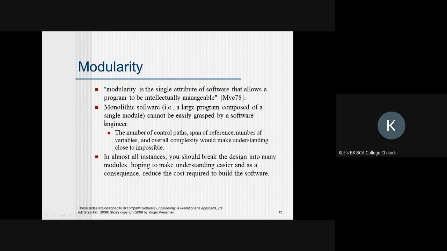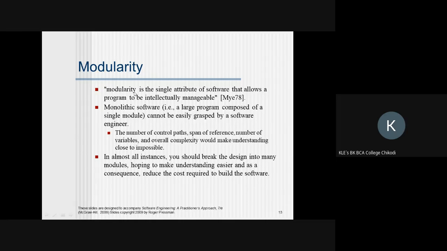Some software is developed without dividing it into subsystems, which means modules. We call those types of software monolithic. Monolithic software is larger software developed without dividing it into smaller pieces of modules.